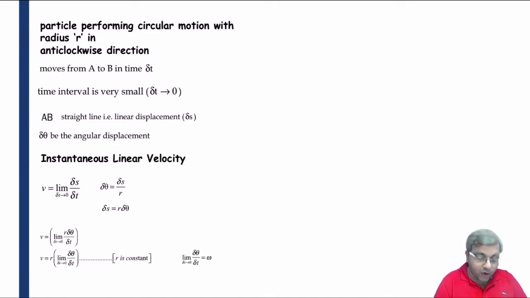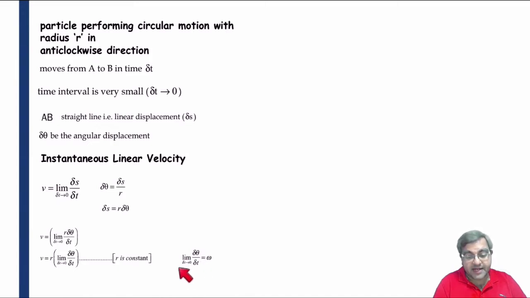Now you can call this entire expression the instantaneous angular velocity, because the formula for instantaneous angular velocity is first limits, because it is instantaneous, and angular velocity basically means change in angular displacement upon time.